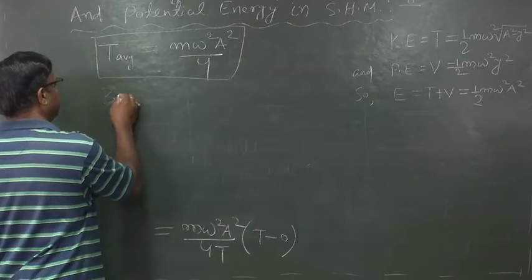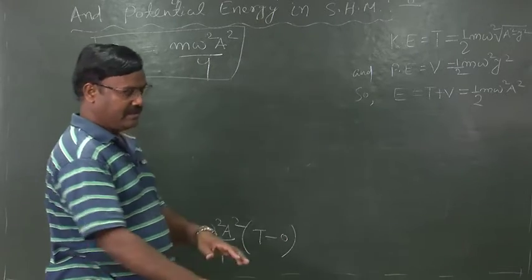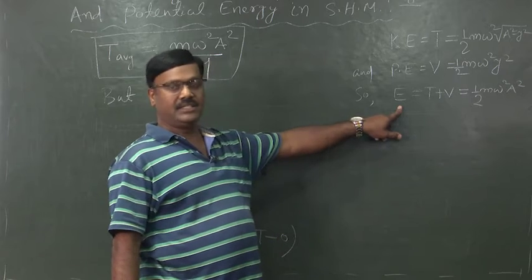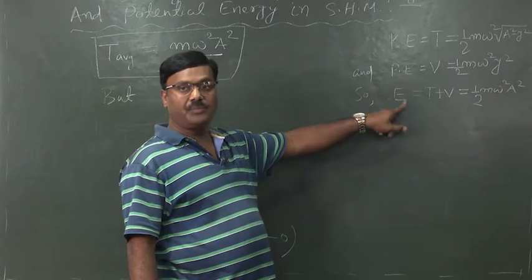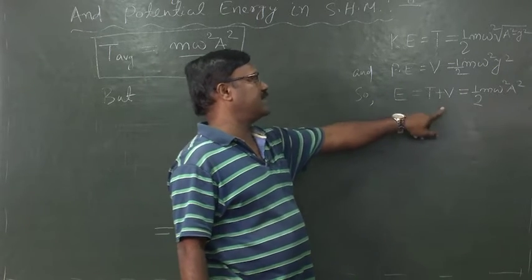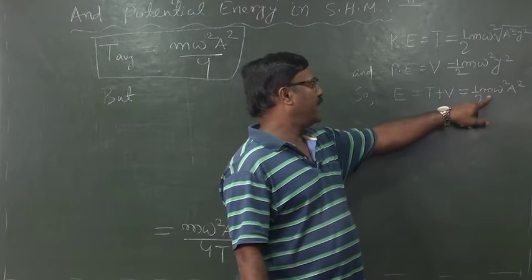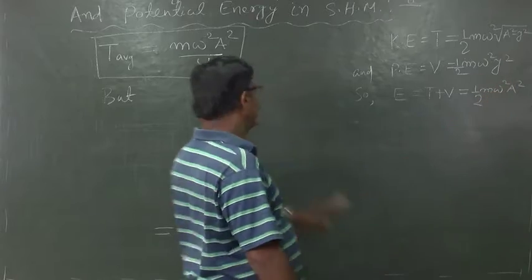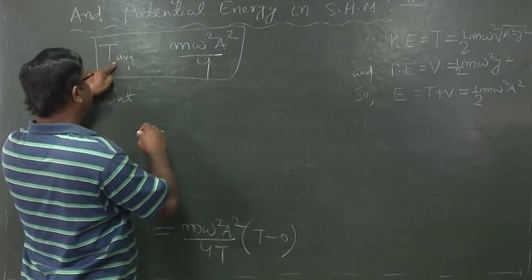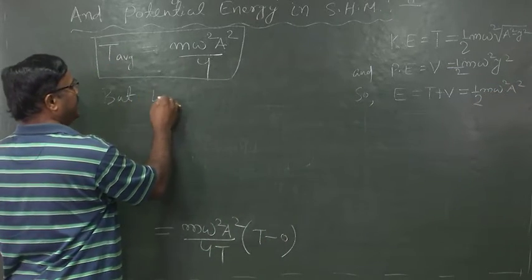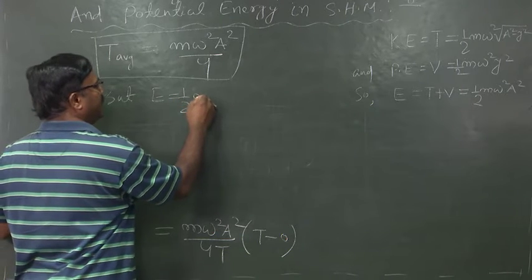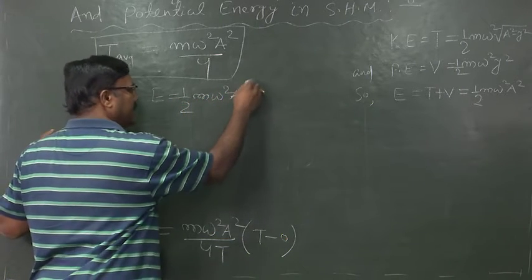But previously we know that the total energy of the body executing SHM is E equal to half m omega square a square.